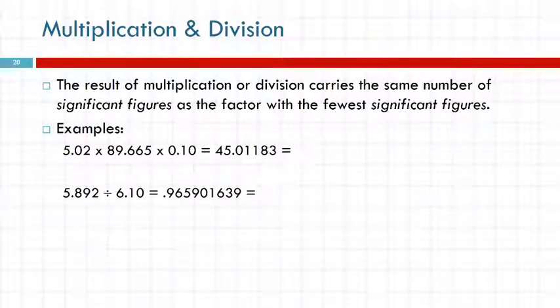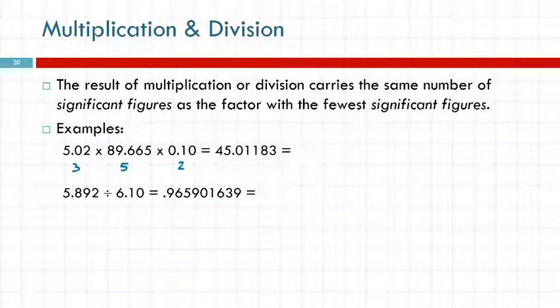So 5.02, how many sig figs? 3. 89.665, how many? 5. 0.10, 2. So you do the math, you write down the answer, and then you look, how many sig figs did each of the factors have? Which one's the smallest? The smallest is 2.